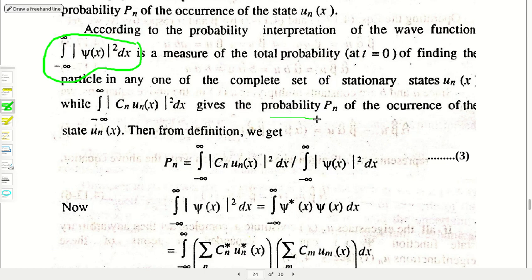See, the probability Pn of the occurrence of the state un x, that is, what is the probability of finding the system in the state un x, because I have told you that the system can be in any of the eigenstates, that is u1, u2 dot dot dot u infinity. So we are willing here to find the probability of finding the system in the state un.